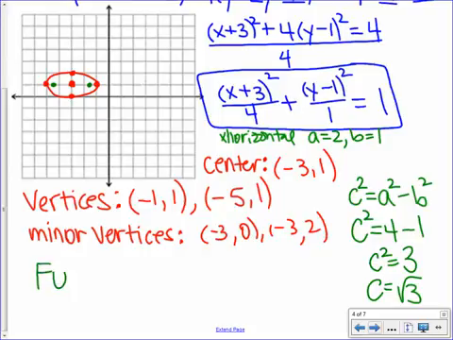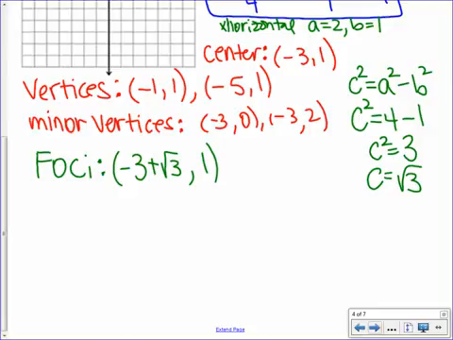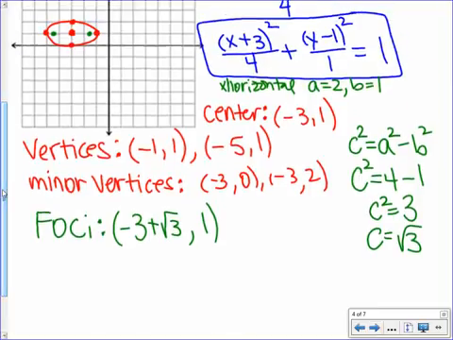Now, I do want you to label these, and this is how I want you to do it. Okay? Since we moved horizontally from our center, we moved from -3 and we went right radical 3, and our y value stayed as 1. We also moved left radical 3 from our center, but our y value stayed at 1.